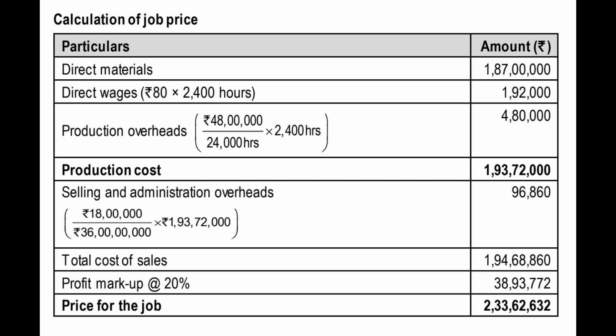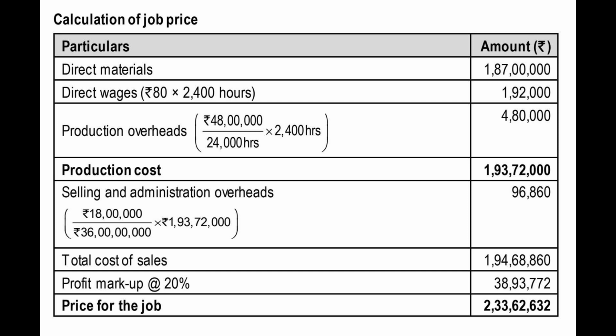Then the company wants to make a profit of 20% on cost. The cost we have already derived, that is 1 crore 94 lakh 68,860. On that we have to charge 20% markup, that is profit. So open the bracket, write 1 crore 94 lakh 68,860 into 20 divided by 100.